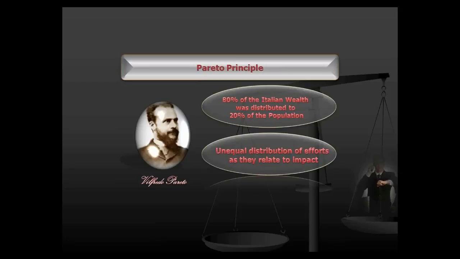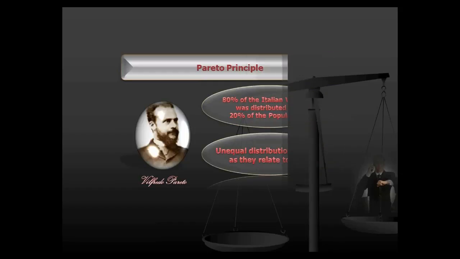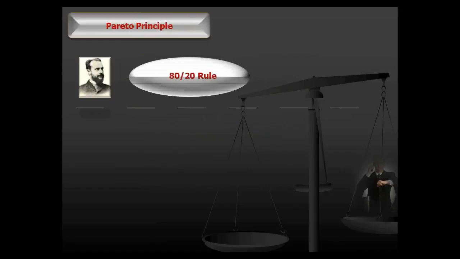Okay? Not every time that we put in X amount of efforts will those efforts yield X amount of results. It's possible that we could put in a lot of effort and that effort will only yield a minimum amount of results. With that, he went ahead and developed what's known as the 80-20 rule.